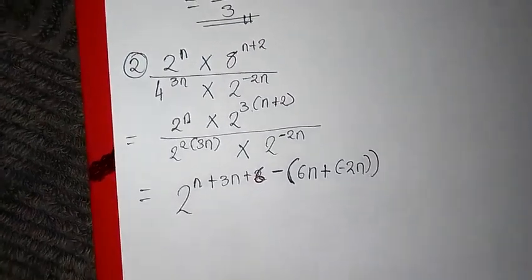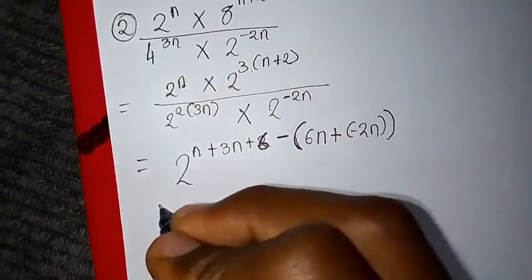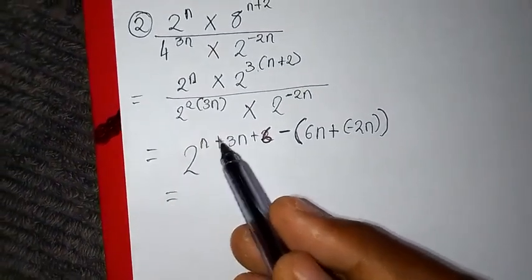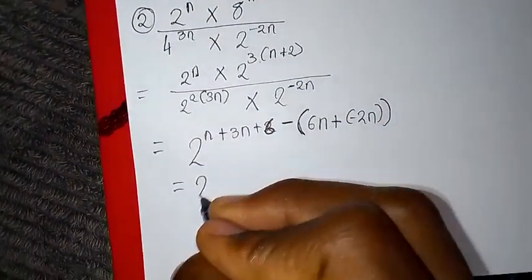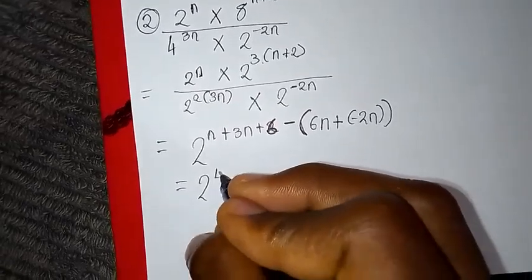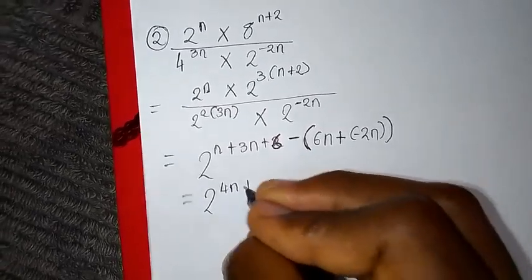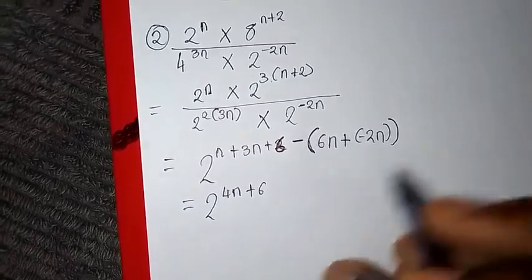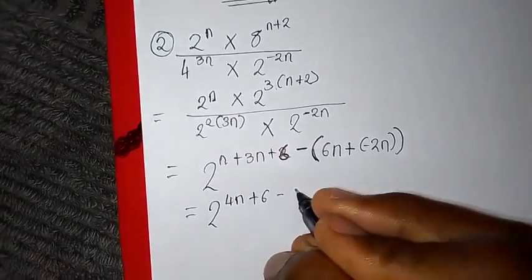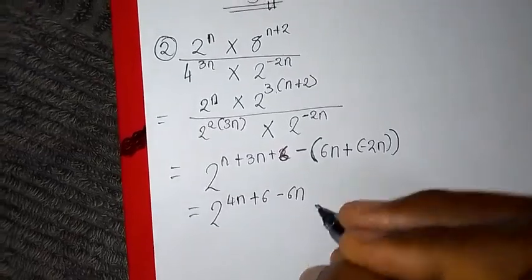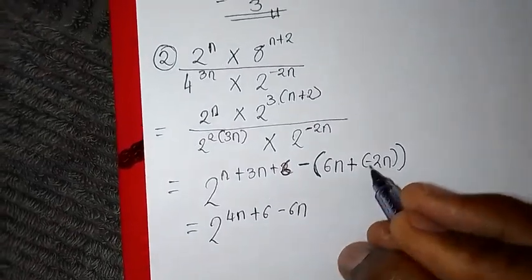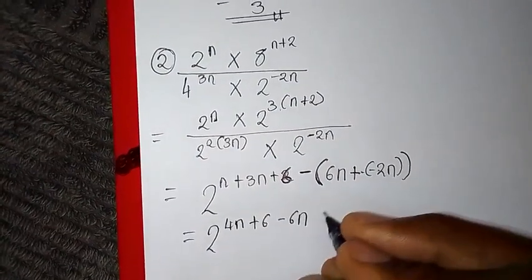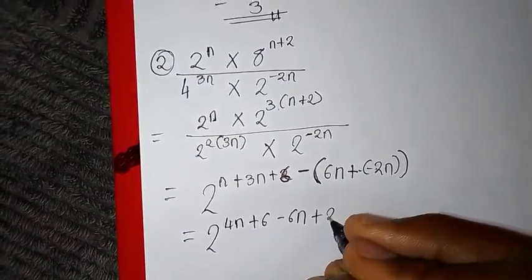So next, to make the work easy, we can add this first. So there will be 4n plus 6. Then when you distribute the negative inside, it will be negative 6n. Then this is a negative here, so negative times negative, it's positive, so plus 2n.